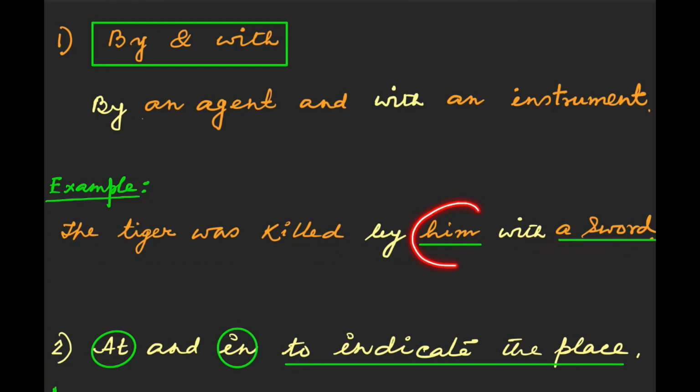Here him is the agent, so by is used before the agent and a sword is an instrument, so with is used before the instrument. So the example is the tiger was killed by him with a sword.